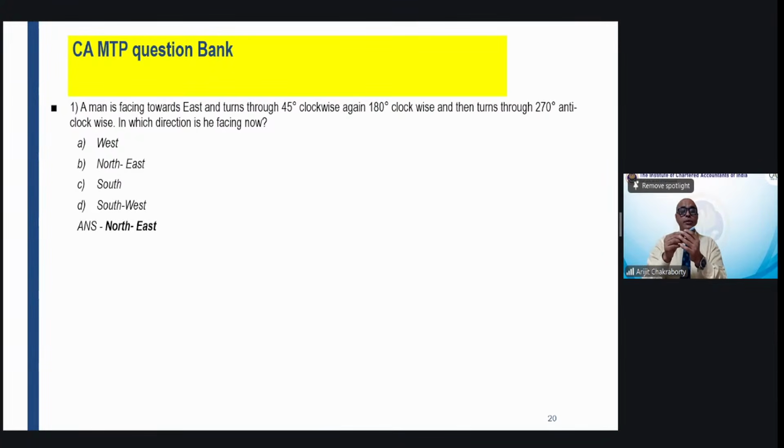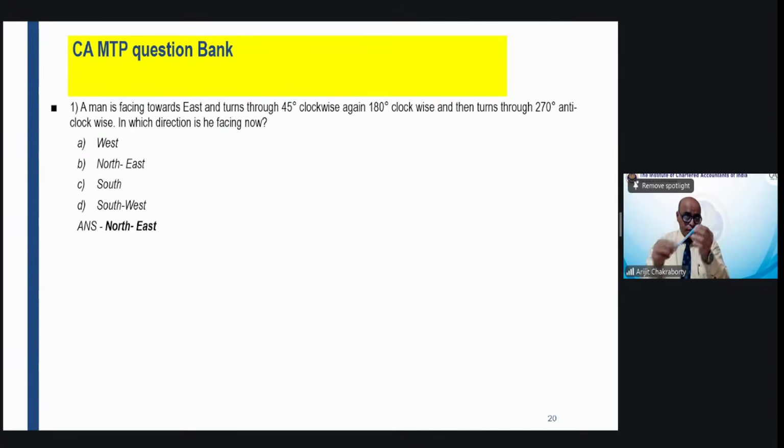And then turns through 270 degrees anti-clockwise. There are a lot of turning and shifting. So after the 180 degrees, now anti-clockwise 270 degrees. It means he is now taking 180 degrees anti-clockwise, that is southeast again, and 270 is how much? 180 plus 90.